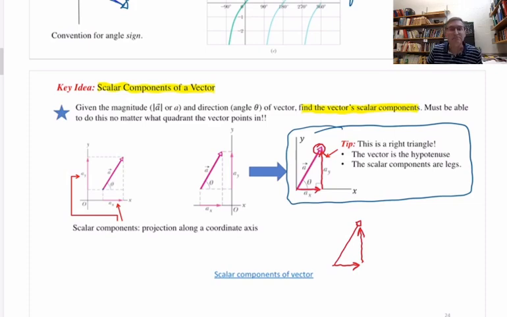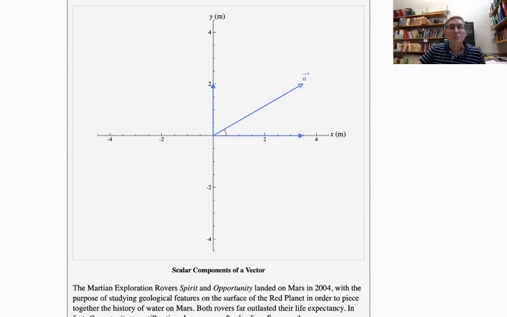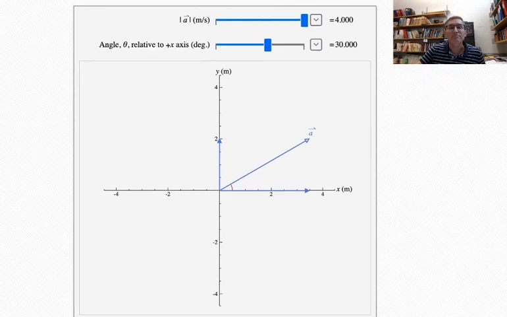Okay, now, last thing I want to do is look at an animation that shows a vector. Okay, so now, get this configured so that you can see it.